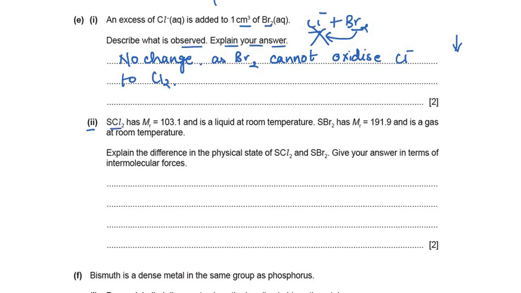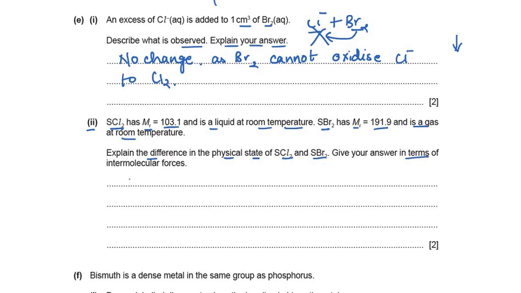Next is the sub question. SCl2 has a molecular mass of 103.1 and is a liquid at room temperature. SBr2 has a molecular mass of 191.9 and is a gas at room temperature. Explain the difference in the physical state of SCl2 and SBr2.